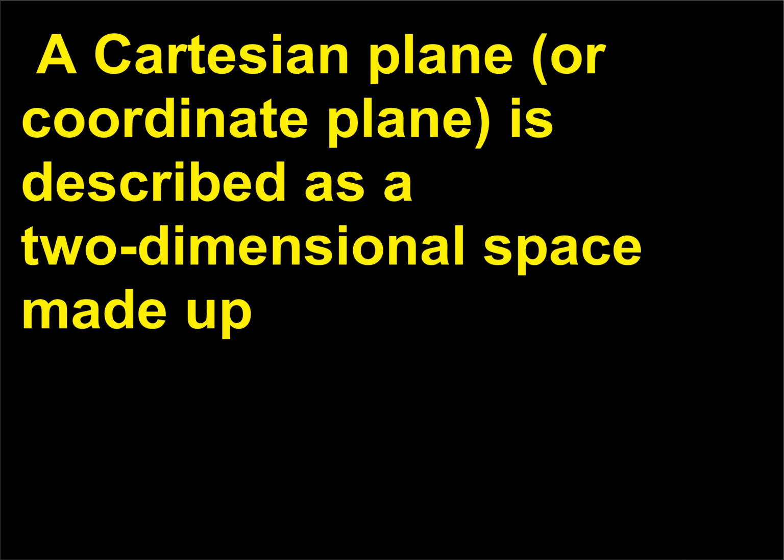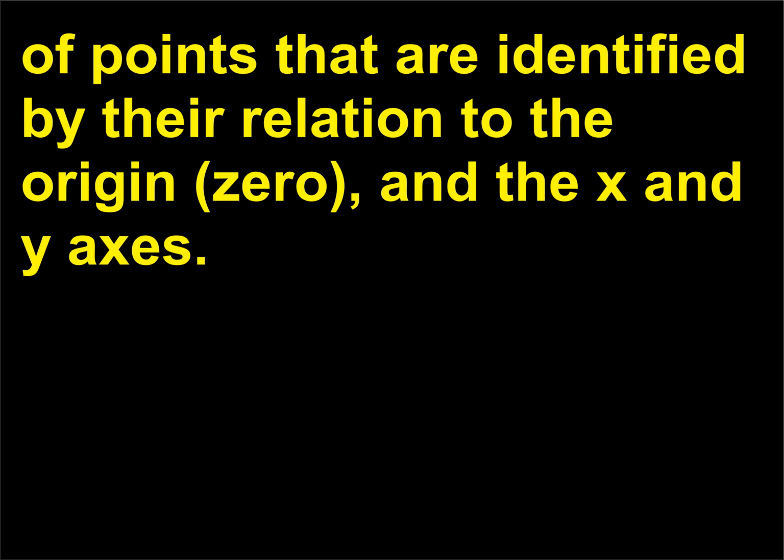A Cartesian plane, or coordinate plane, is described as a two-dimensional space made up of points that are identified by their relation to the origin, 0, and the x and y axes.